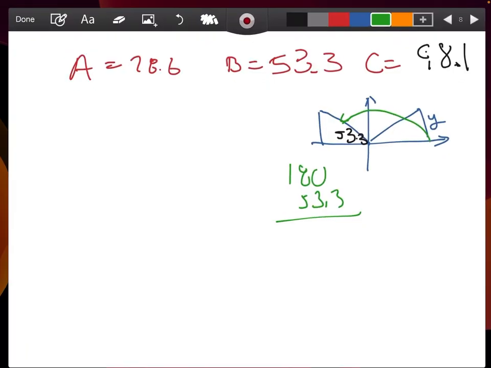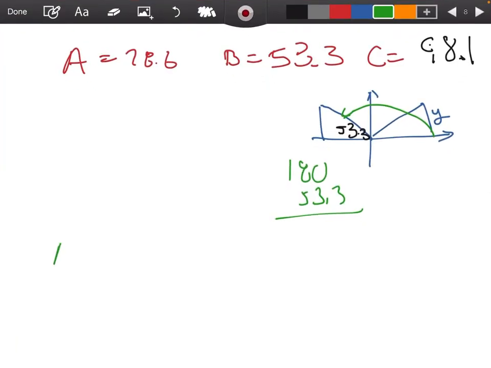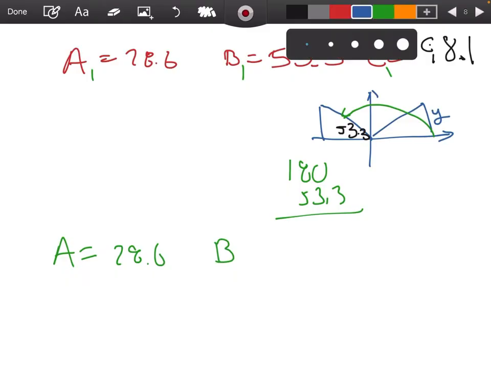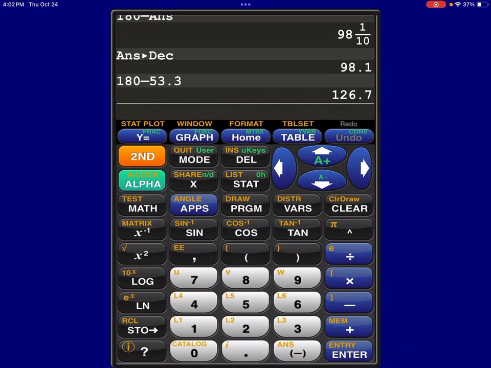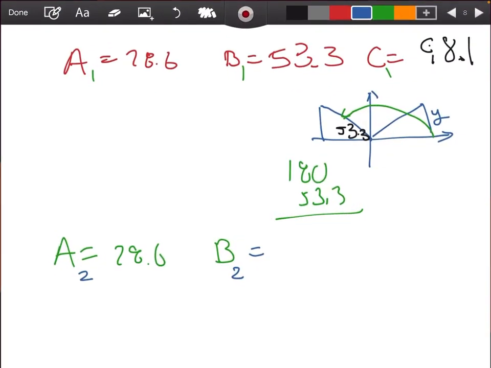So, y'all, again, I'm going to call this A1, B1, C1. So A1 is still 28.6. Okay, let's actually call these 2's. A2, and B2 was 126.7.